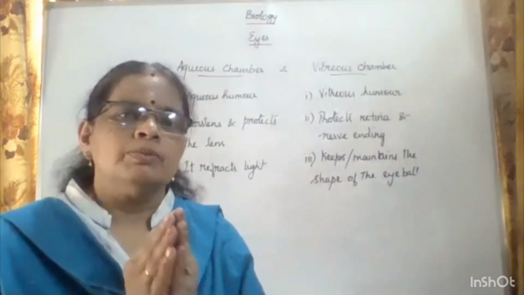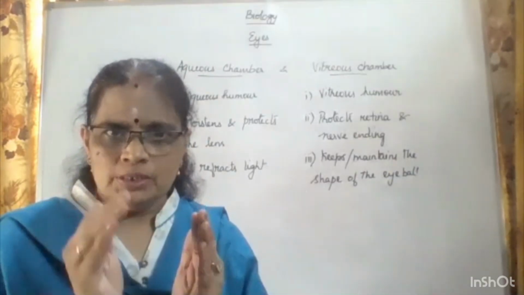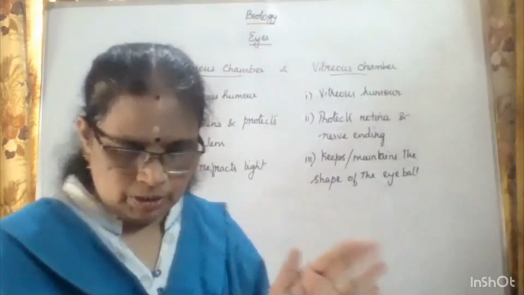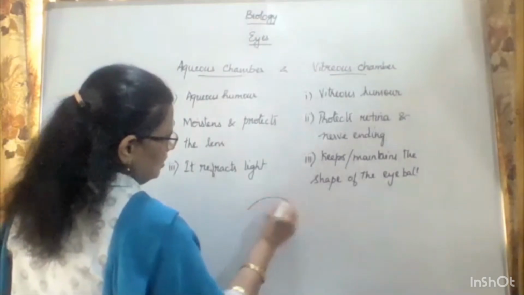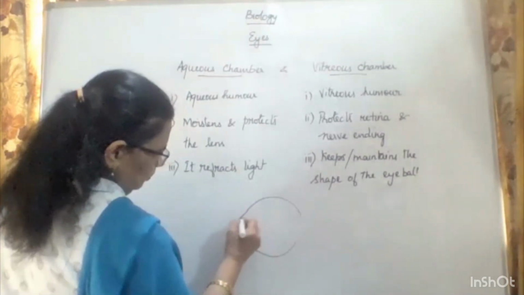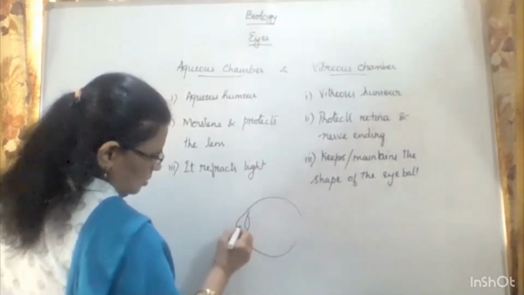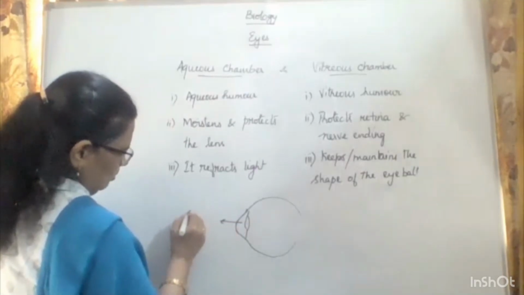After the lens, we have some space known as the vitreous chamber. So the space between the cornea and the lens is the aqueous chamber. If this is the eyeball, this is the cornea, and here is the lens. So this space is the aqueous chamber.